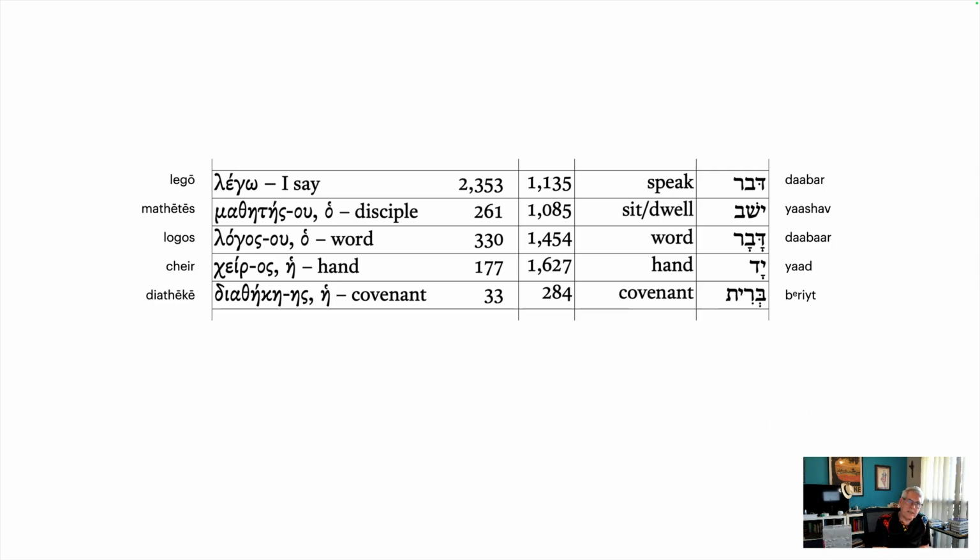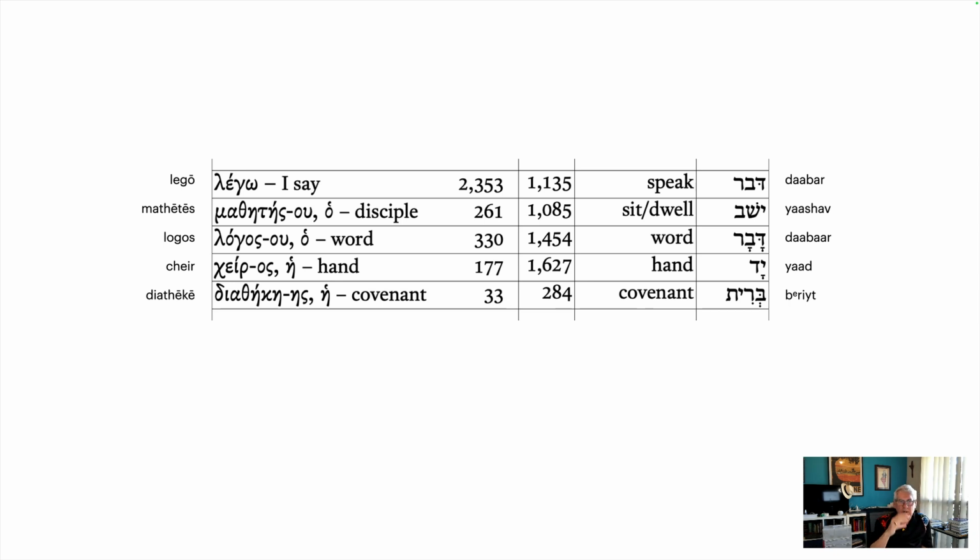Then on the Greek side we have Lego, which are not little plastic building blocks, but Lego is the verb for I say, very common. Mathetes, the word for disciple, so you would learn it as ho mathetes, that's the nominative singular form, ho mathetes, and then you'd learn mathetou, and it's telling you this is actually a masculine third declension noun.